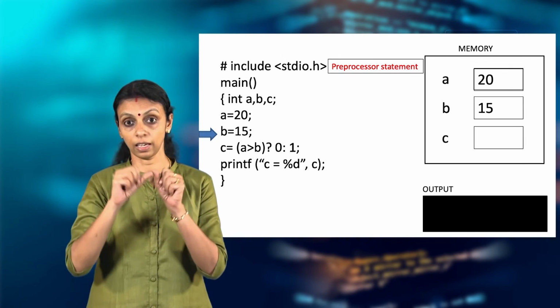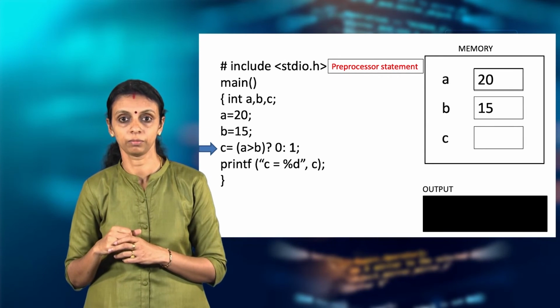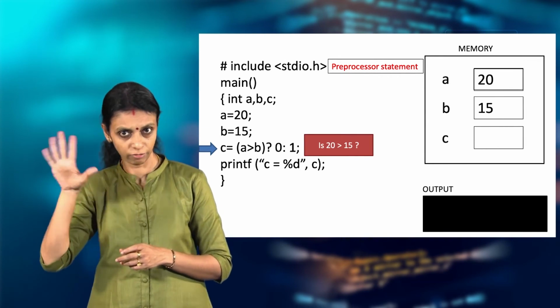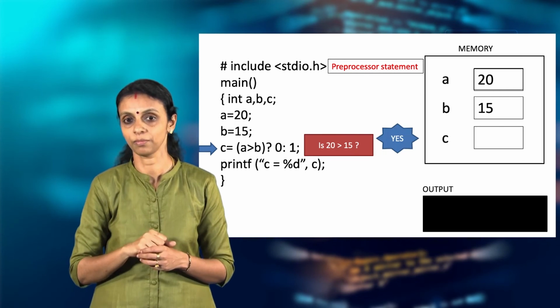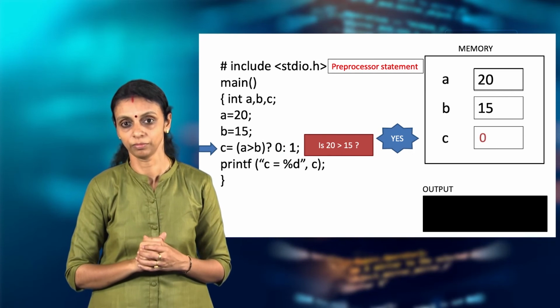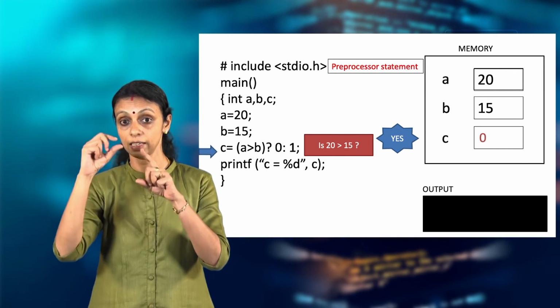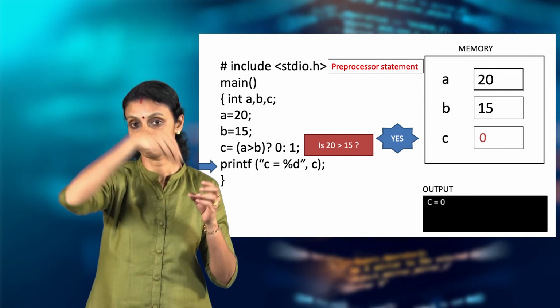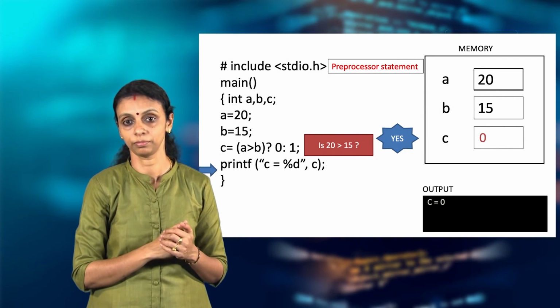This statement checks whether a is greater than b. Is 20 greater than 15? Yes. In this case, a is greater than b. So, it stores 0 in c, that is expression 1.